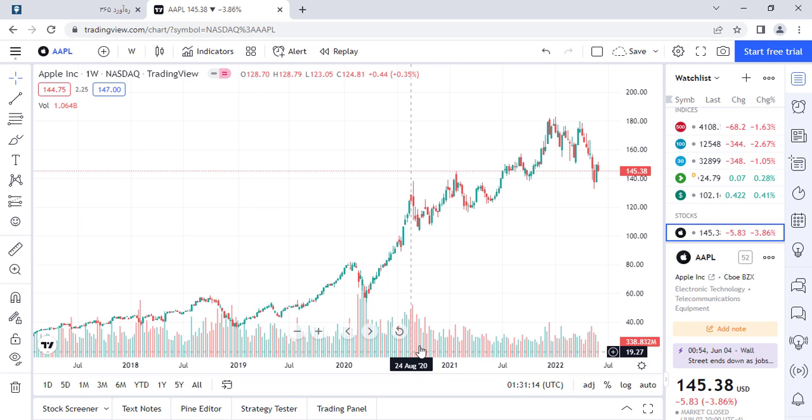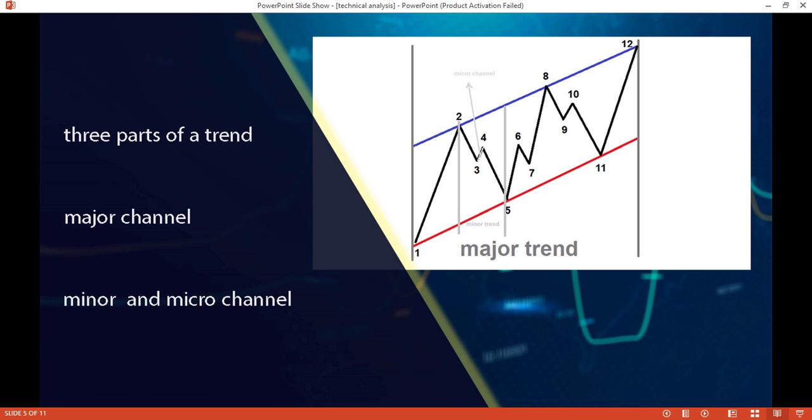The minor movements that we have here are smaller parts of the major movement. For example, in this major movement, number 1 to number 2 is a minor movement.